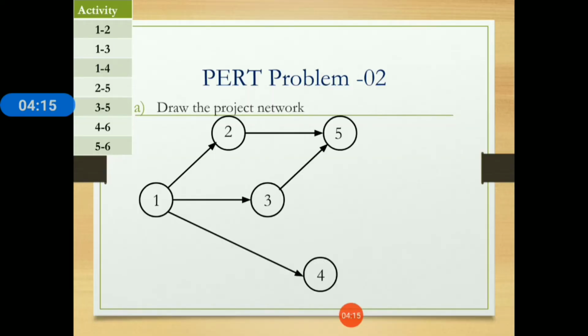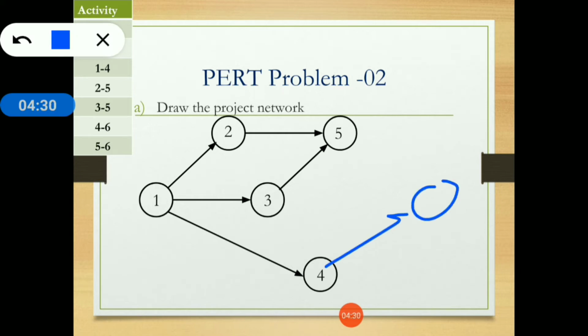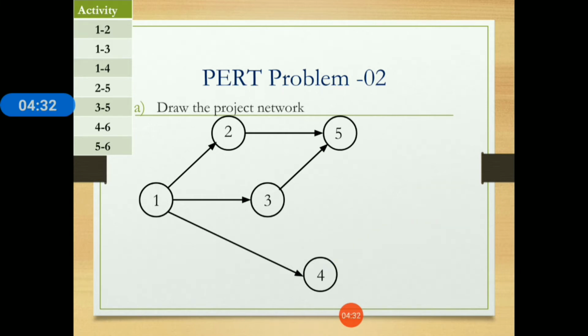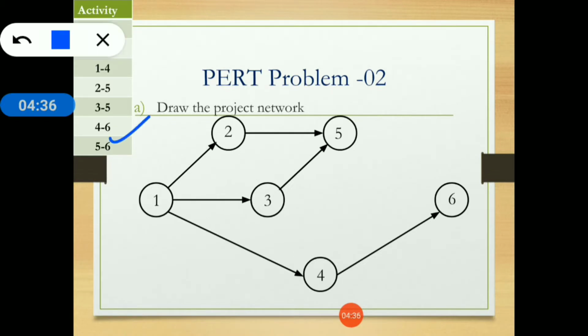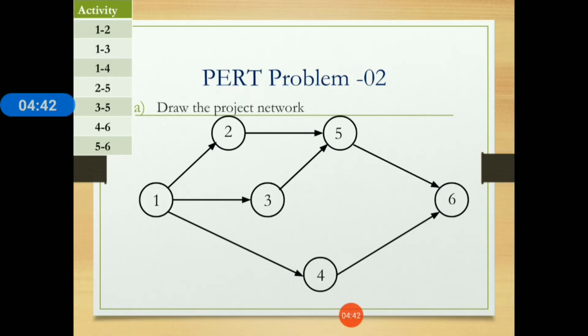Then 3 to 5. Then 4 to 6, you can join this, this is 4 to 6. And the last one is 5 to 6. So this is your 5 to 6.